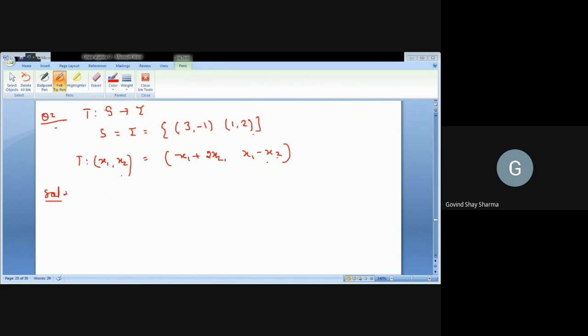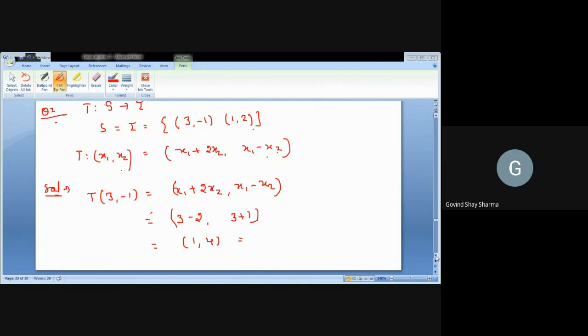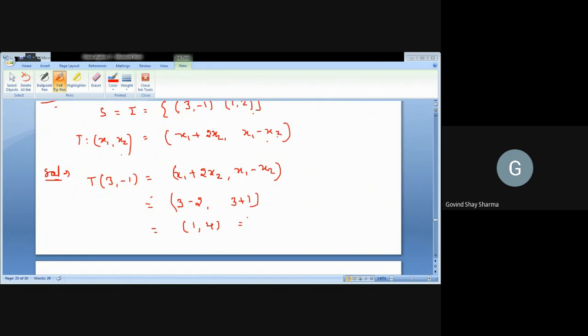And we will take T of the first basis vector, (3, minus 1). Here x1 is equal to 3 and x2 is equal to minus 1, so this will become 1 and 4. Now this is E2.